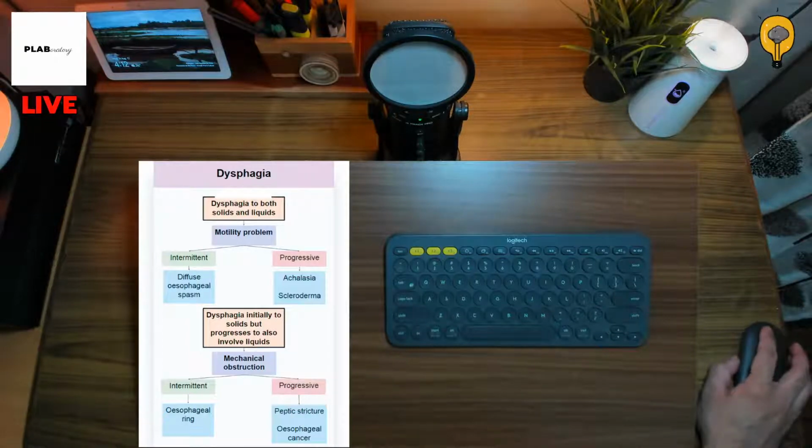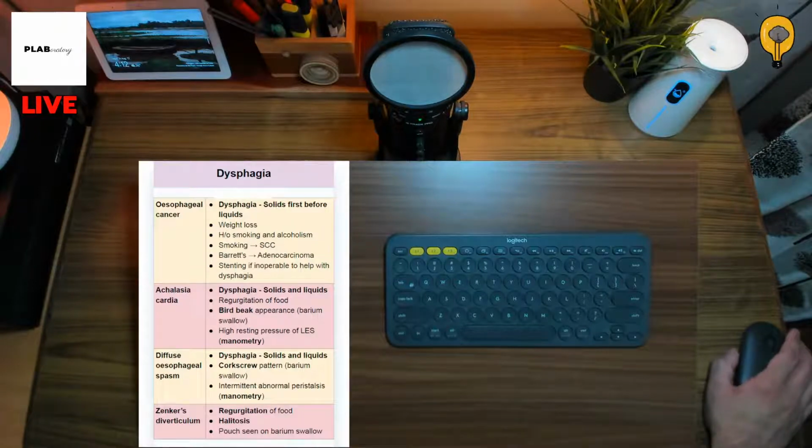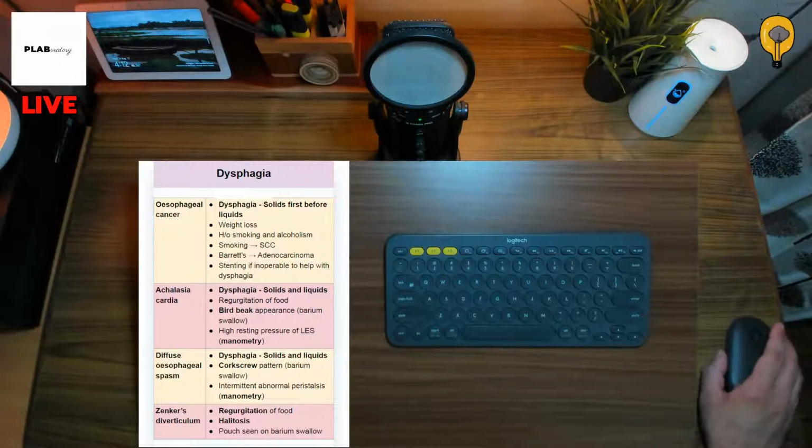So in Zenker's diverticulum, regurgitation of food is there, halitosis is there, and a pouch is seen on barium swallow.